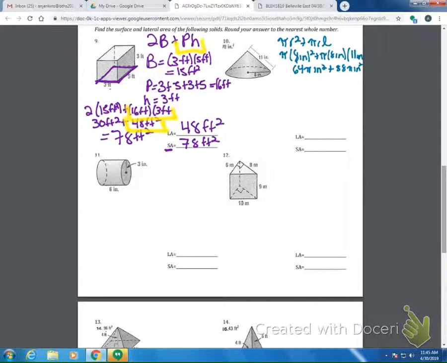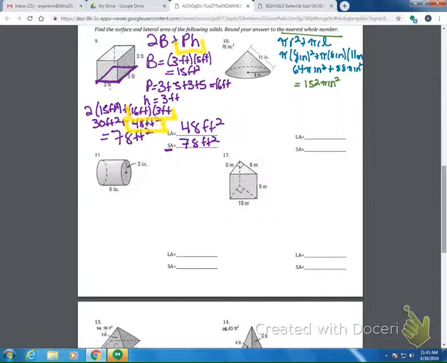Okay, so what we're going to do here is add those together. So 64 plus 88 is 152 pi inches squared. So that is the exact answer. For this question, the directions say they want your answer rounded to the nearest whole number.